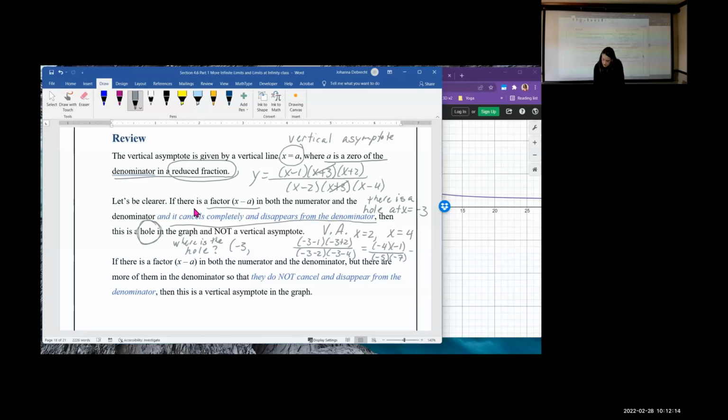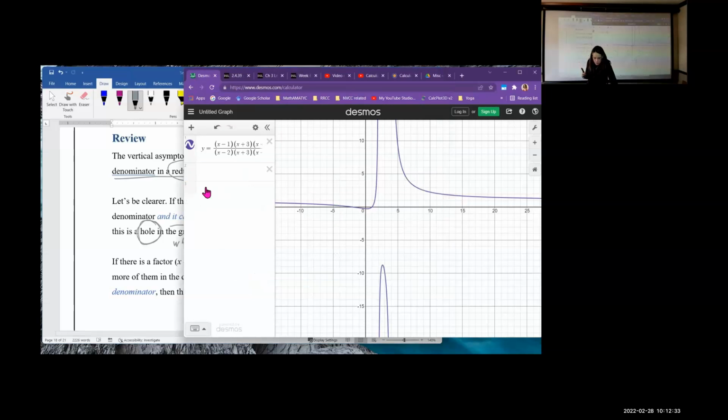Does everybody agree with my arithmetic? I've got 4/35. Can I get confirmation from somebody? Okay, Aubrey's like, yes, I'll buy that. Okay, so 4/35 is a hole.